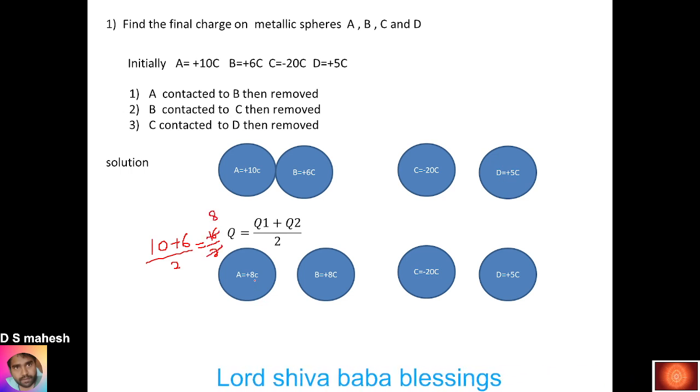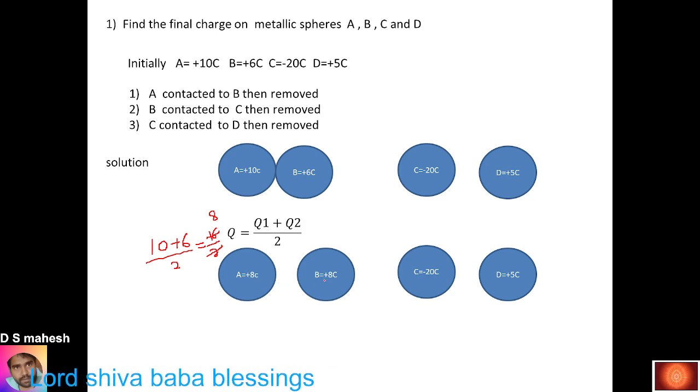So we will have plus 8 coulombs on A and plus 8 coulombs on B.